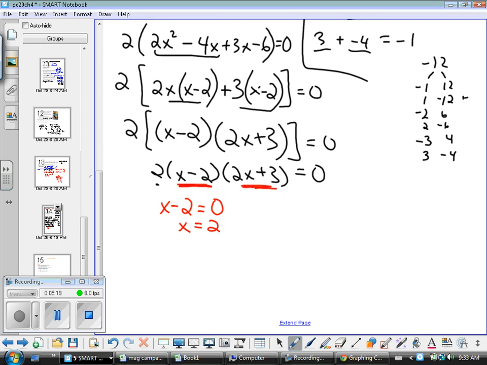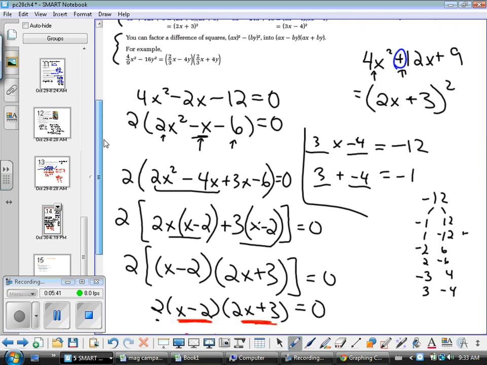So you're going to have an x-intercept at 2. You're also going to have an intercept when this factor equals 0. So 2x equals negative 3, or x equals negative 3 over 2. These are the two places that your quadratic function is going to cross the x-axis: at 2 and negative 3 halves. So you don't have to graph it to see where the intercepts are.